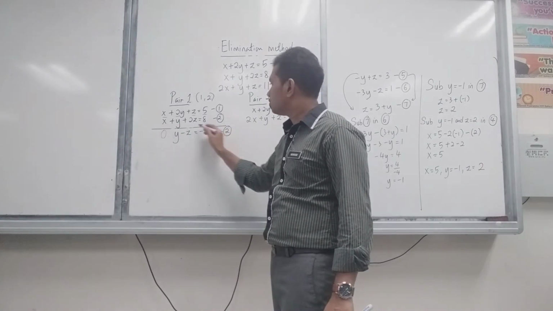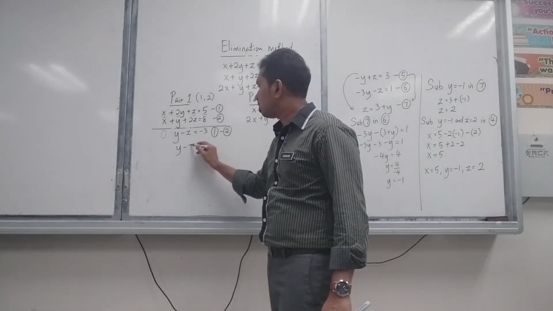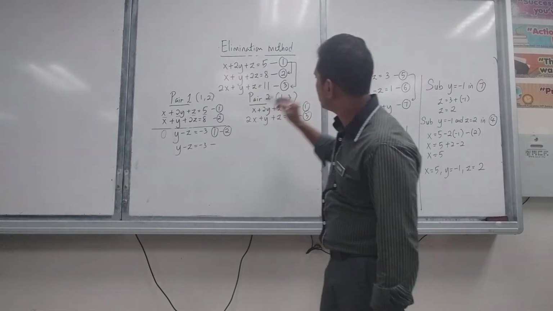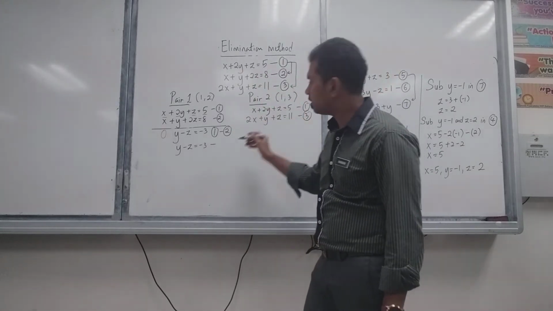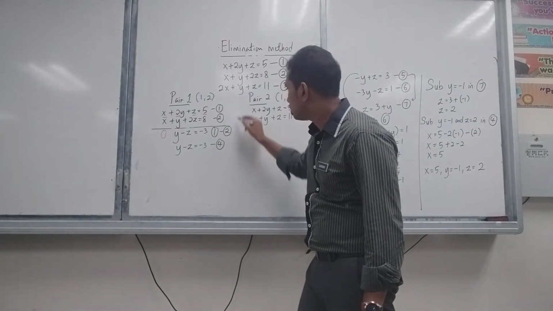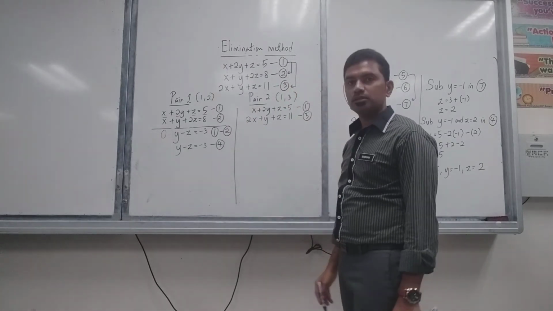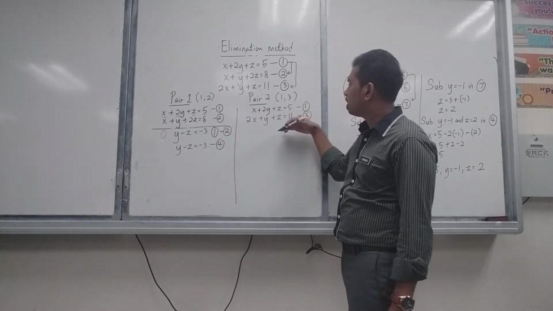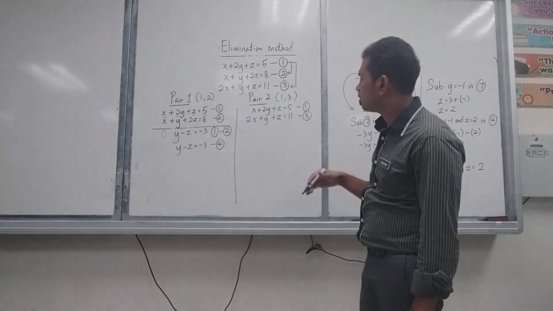Okay, you got it? So this one you can write y minus z is negative 3. First equation, second equation, third equation. This one will be our fourth equation. Then this is for the first pair. For the second pair, again one more time, you choose.